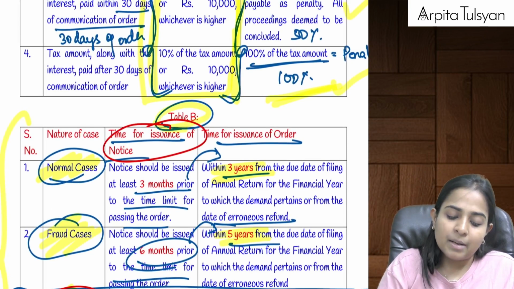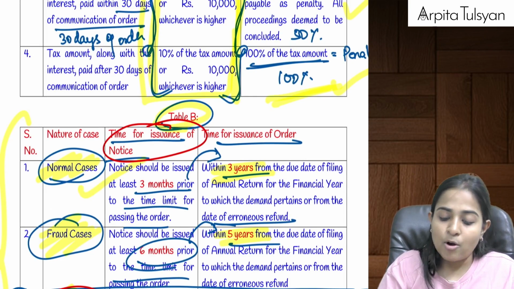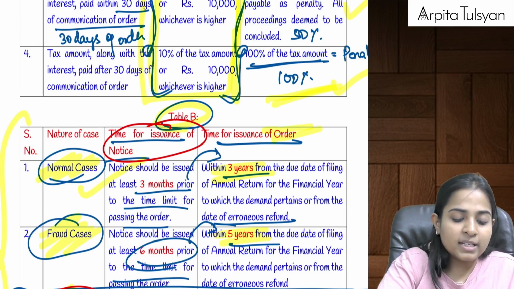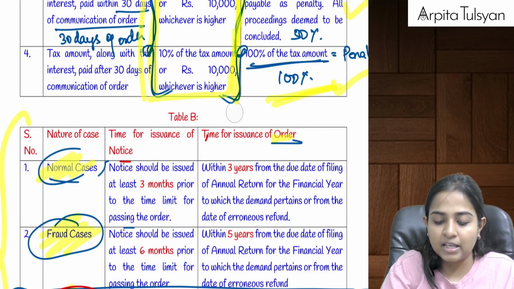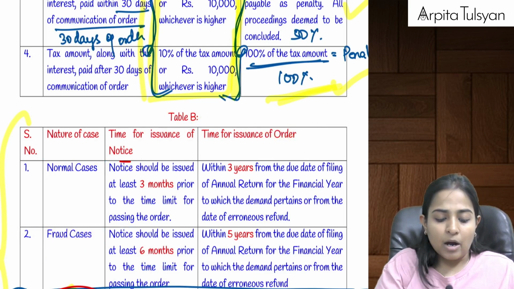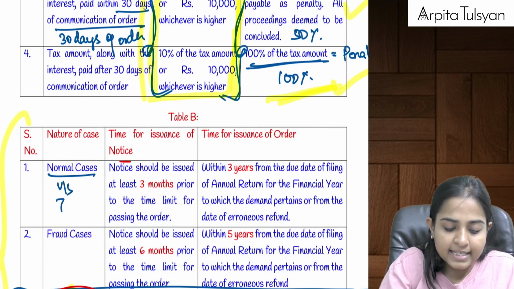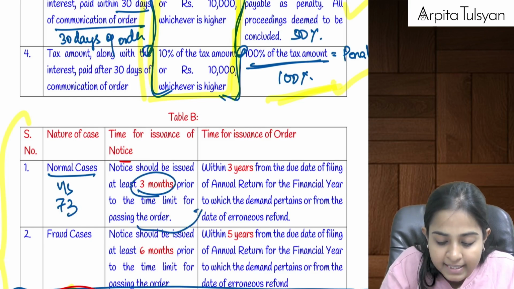Then one more summary table is given for your reference, that is, notice and order time limits. What is the time limit for issue of notice? What is the time period for passing the orders, etc.? Just try to understand from here, everyone. In normal cases, that is under Section 73, notice should be issued 3 months prior to the date of passing the order.